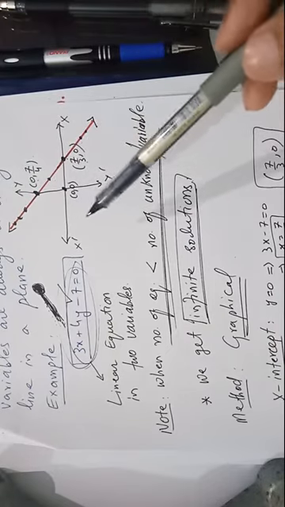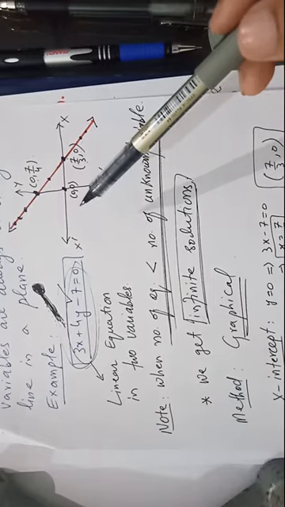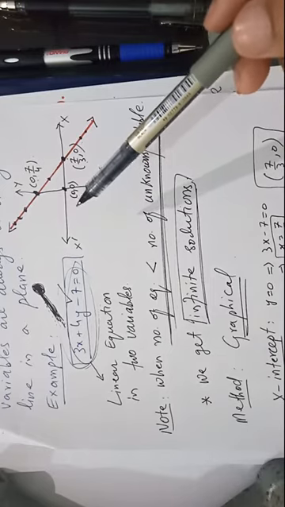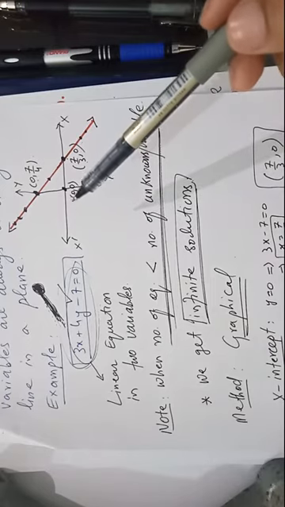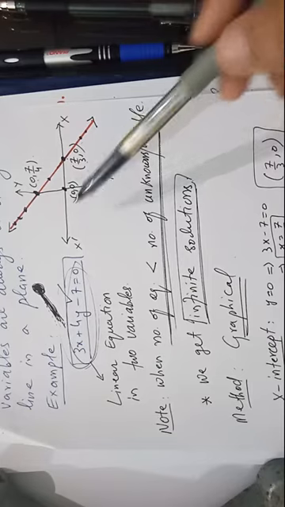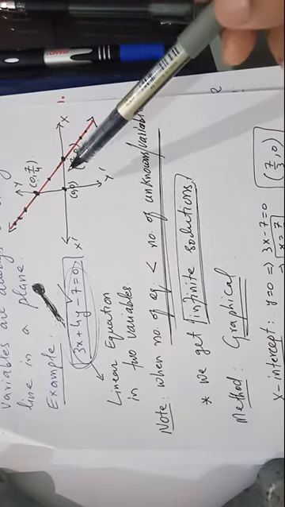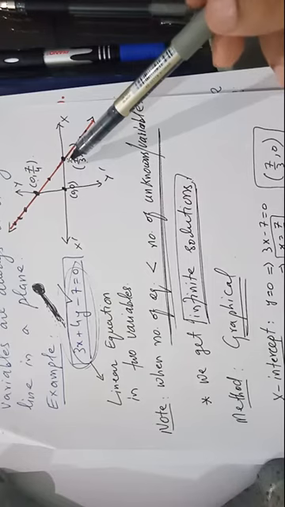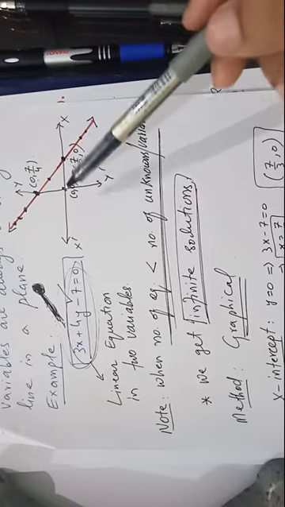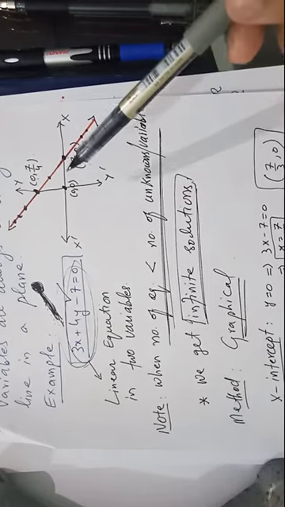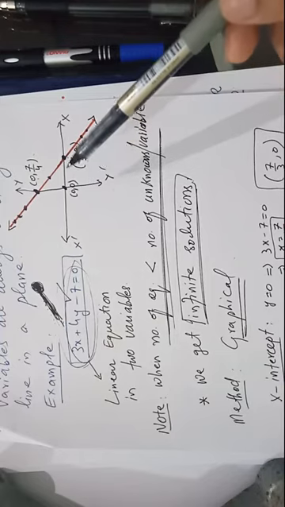By assigning one variable some value, you get the other variable, and so you get 2 points and join them. But the easy way is to find the x-intercept and the y-intercept first, and then make a line through those 2 points.